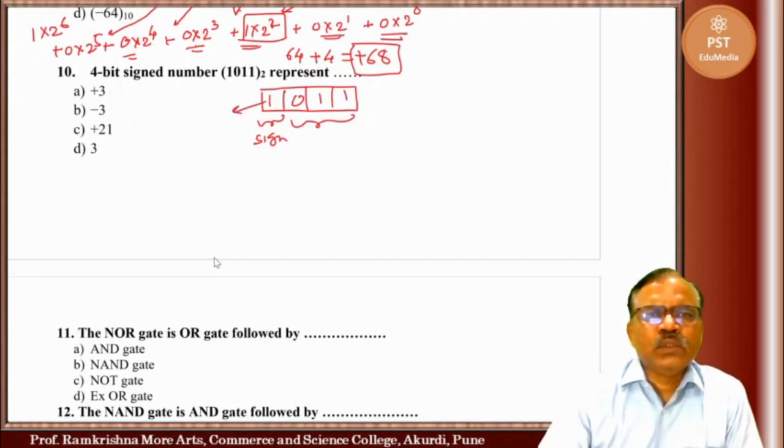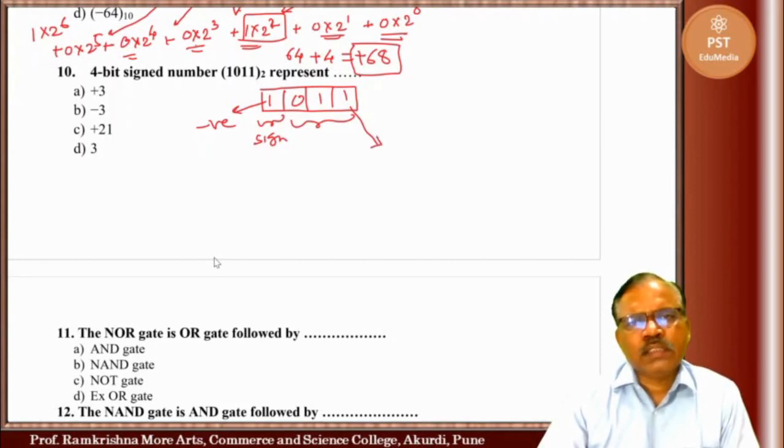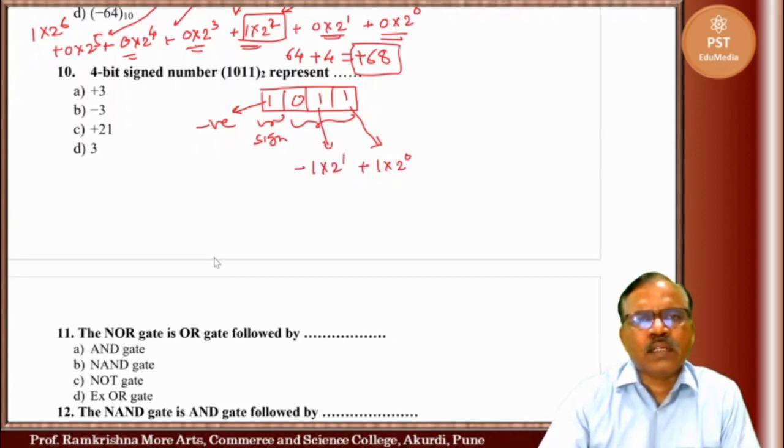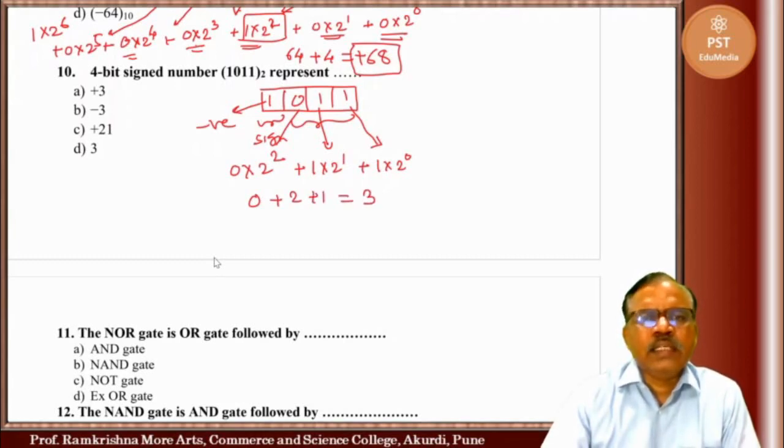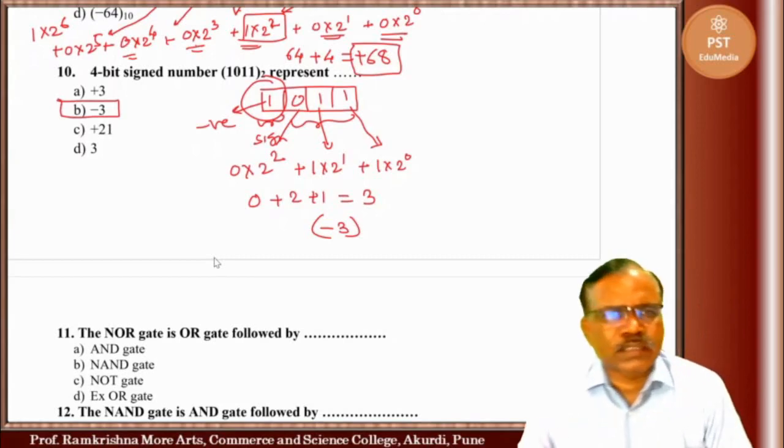So this gives you that number is negative. Now for this 1 into 2 raised to 0 plus for this 1 into 2 raised to 1 plus for this 0 into 2 raised to 2. So it is 0 plus 2 plus 1. So it is 3, and since here we have minus, so this is minus 3. So here this one is correct.